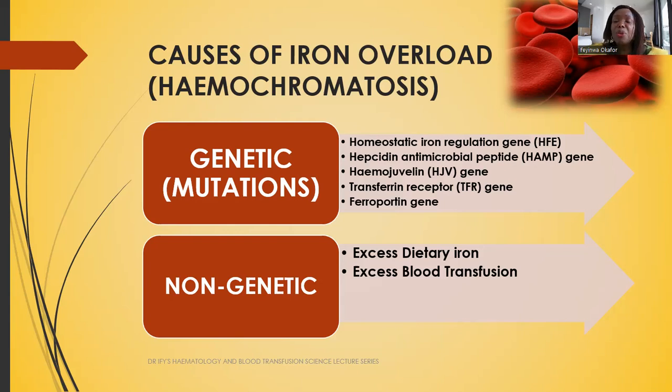So we have basically two causes: the genetic causes in form of mutated genes, and the genes that can be mutated are HFE gene, Hepcidin antimicrobial peptide gene, hemojuvelin gene, transferrin receptor gene, and ferroportin gene. All these genes that I've mentioned here have to do with iron regulation, iron metabolism, and we have non-genetic causes, excess dietary iron and excess blood transfusion.